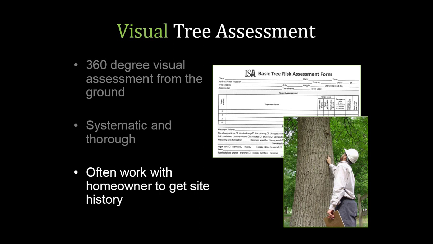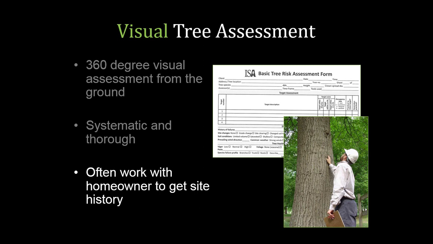Well, you can get that same kind of information from a homeowner. You can guess as to what happened on the site and do your best based on what you see, or you can actually get the story from the homeowner. Maybe there's dieback on one side of the tree because a year and a half ago the neighbor put irrigation in on their side of the property line and cut a bunch of roots, and now it's starting to manifest in the tree.